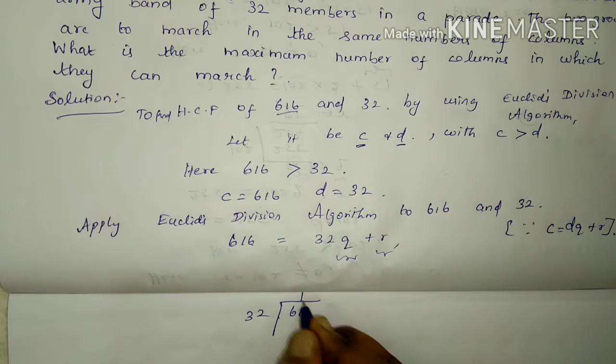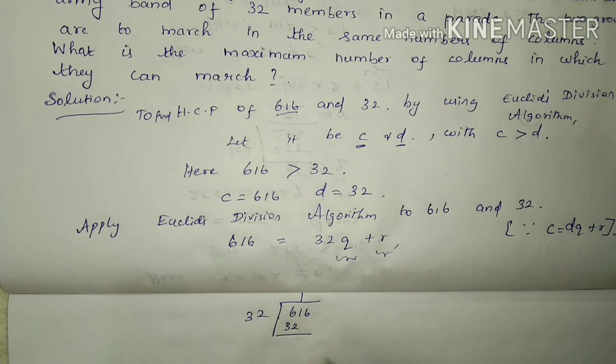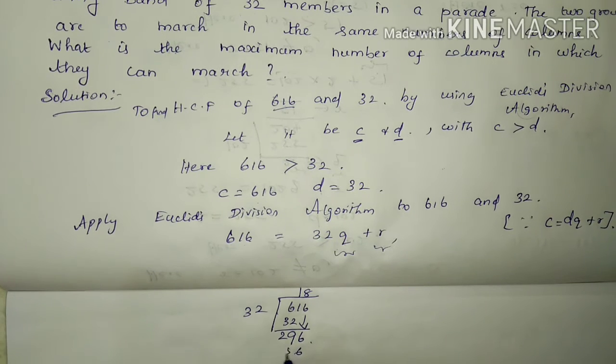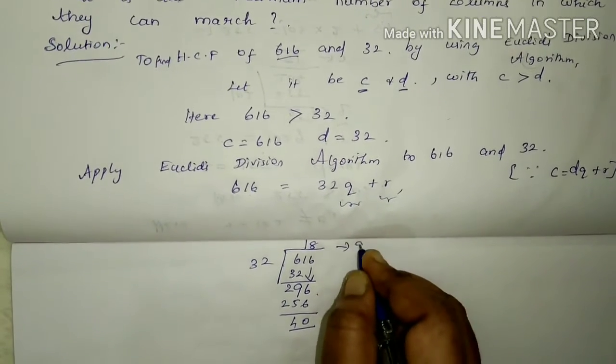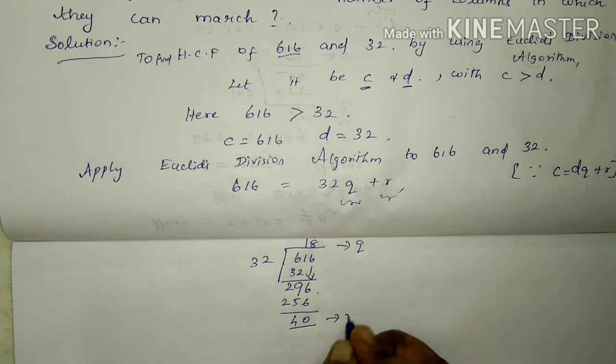One time 32, we get the remainder 29. Bring the 6 down. So 18 times, and we get 576, remainder 40. Here the Q value is 18 and the R value is 40.